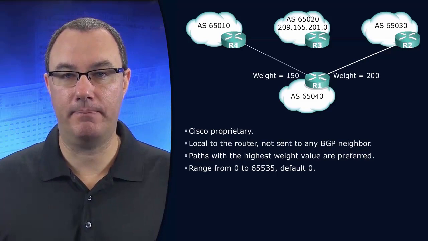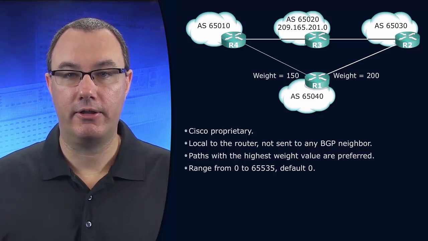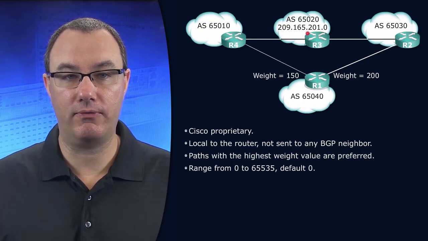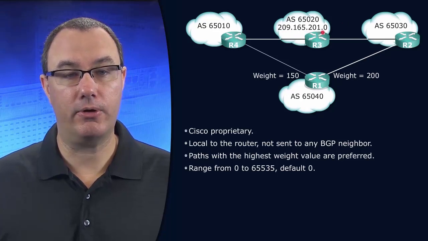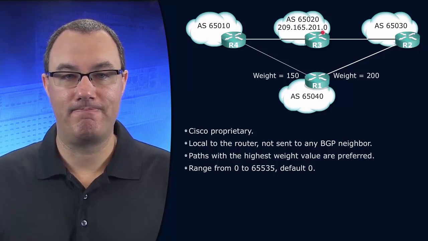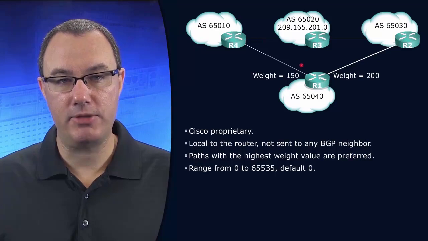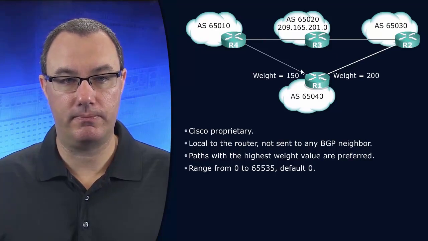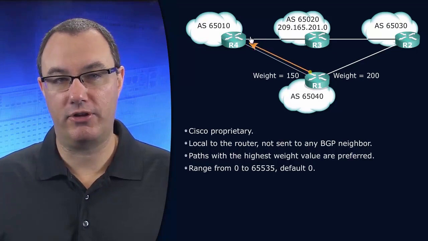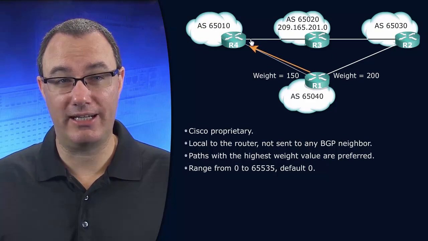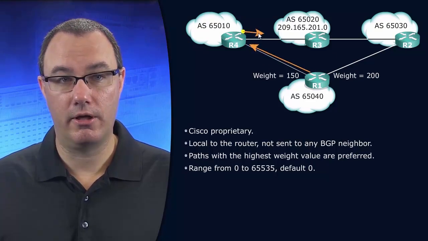So let's say we've got this route over here, this network, 209.165.201.0. Now the problem is that we have some symmetrical pathways. And BGP might have chosen, and it would have chosen this through things like the router ID of router 4.